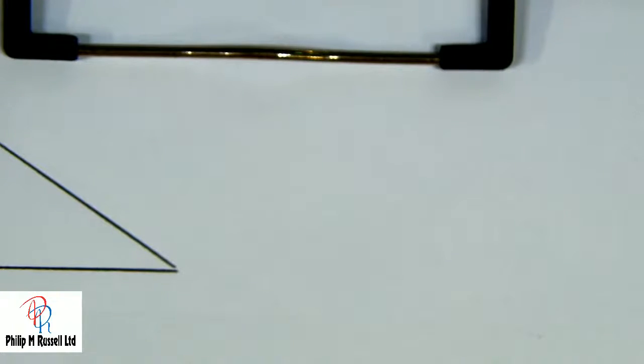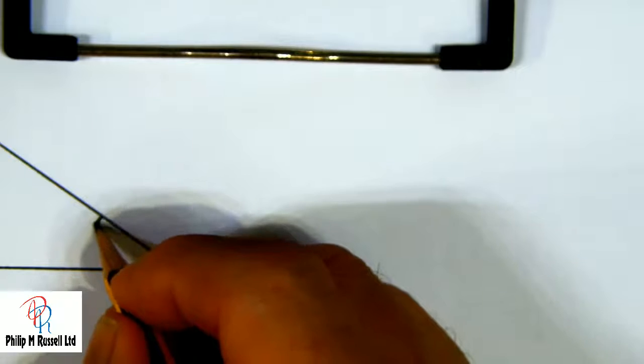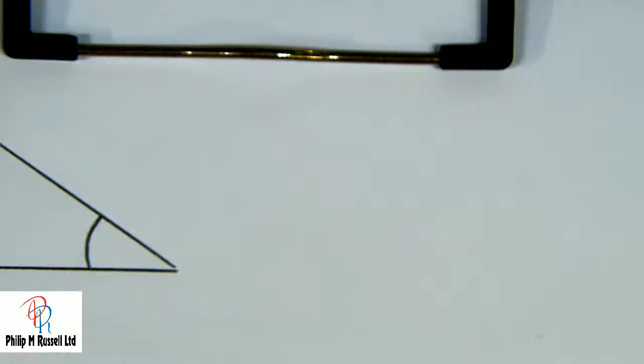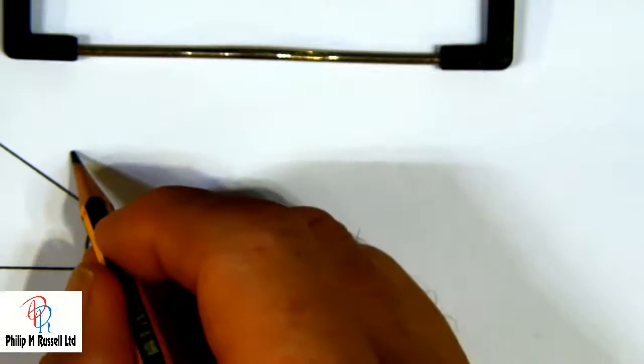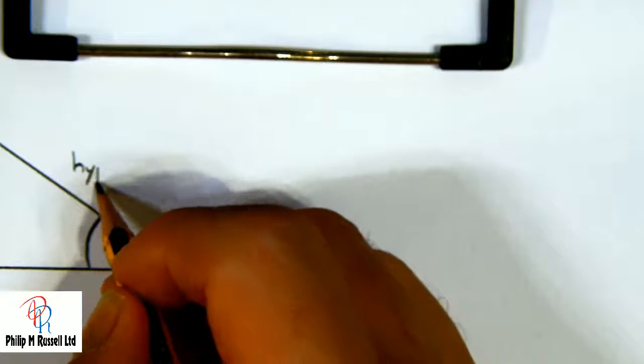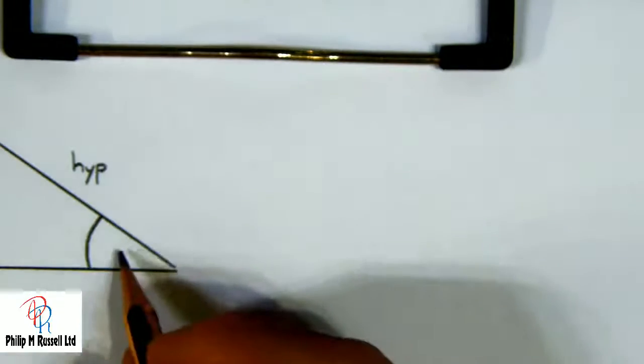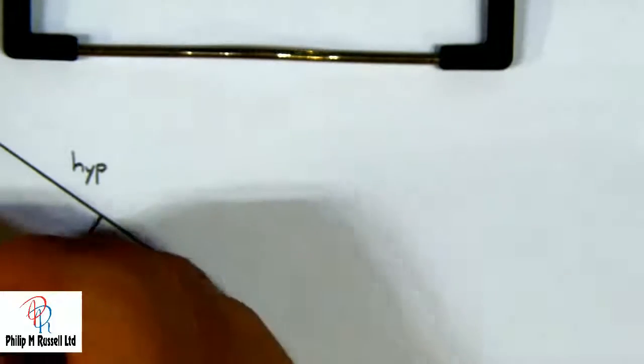Let's give ourselves an angle, and we'll put some figures in for here in a moment. This side is our hypotenuse. This side here is as far away as I can get from the angle.